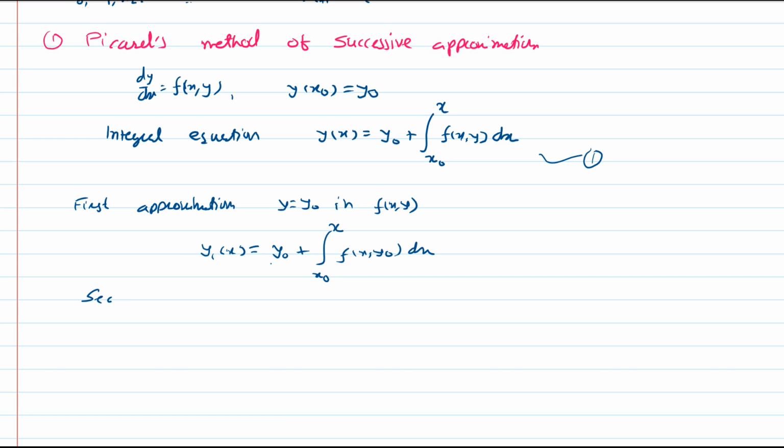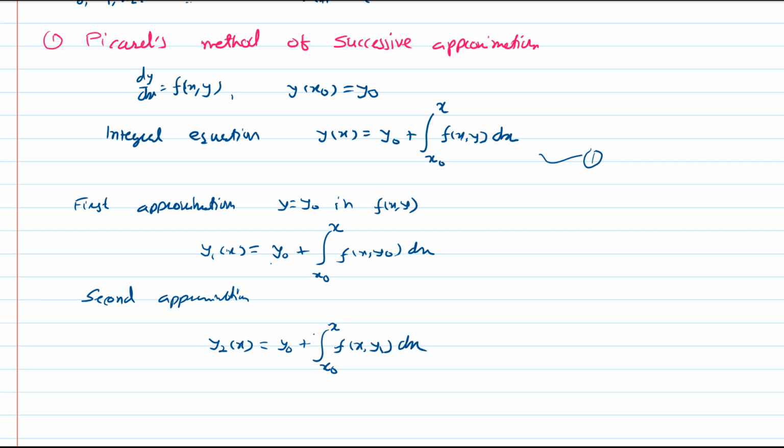Similarly we get the second approximation as y2(x), which will become y0 plus the integral from x0 to x of f(x, y1) dx.